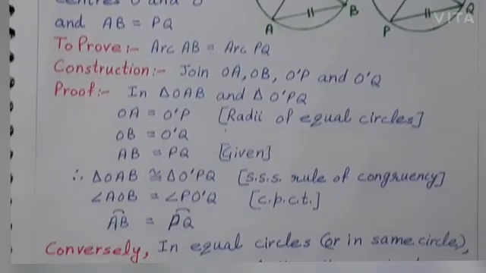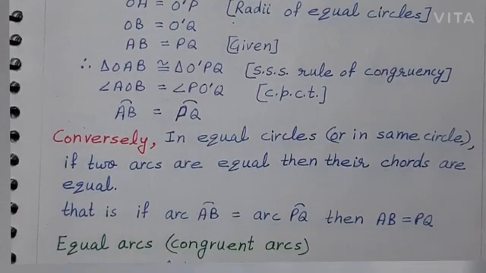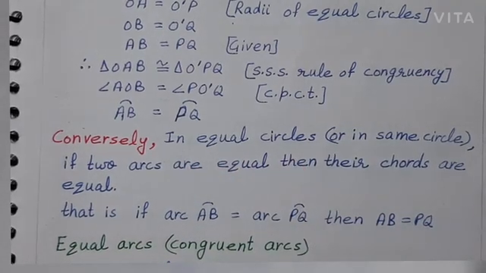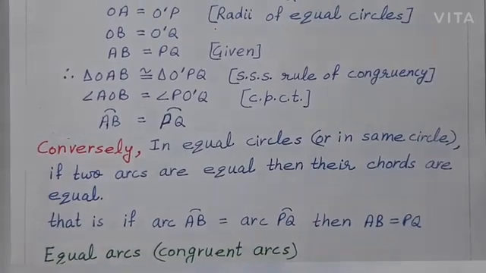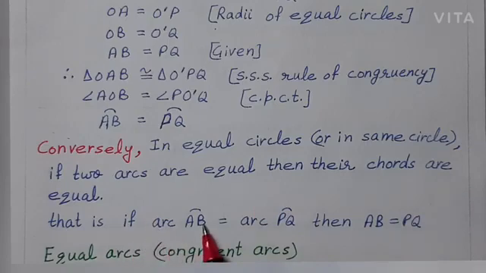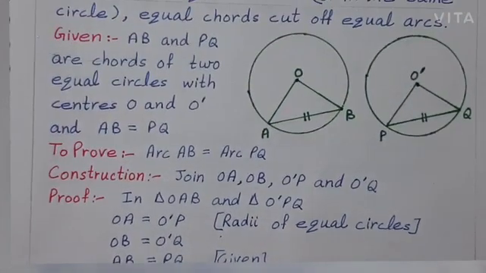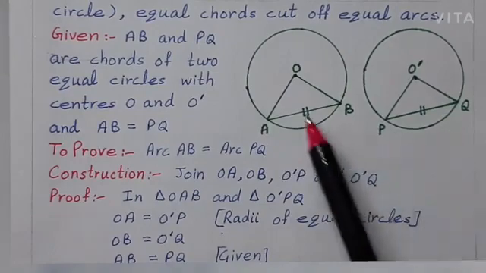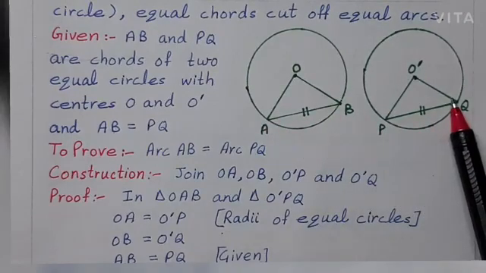Now, conversely, in equal circles or in the same circle, if two arcs are equal, then their chords are also equal. So, this means if arc AB is equal to arc PQ. Now, you can see in the diagram, if the two arcs are equal, then chords are also equal. Clear?